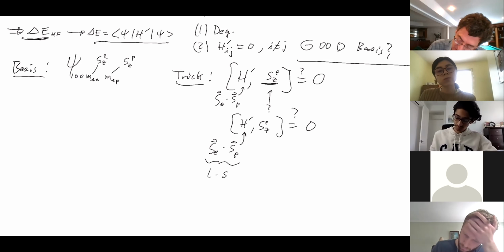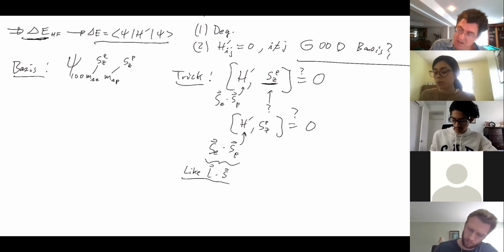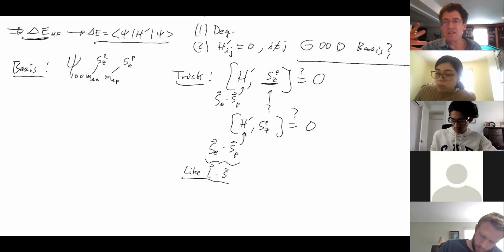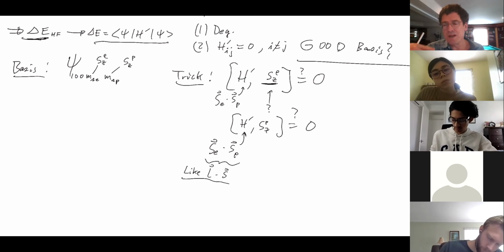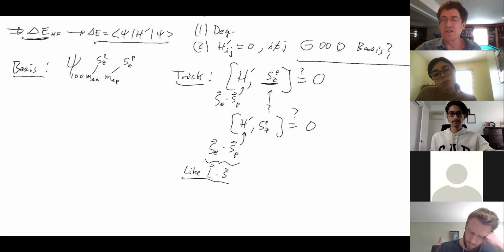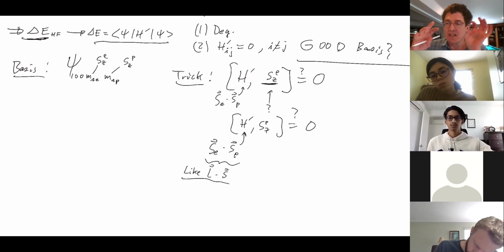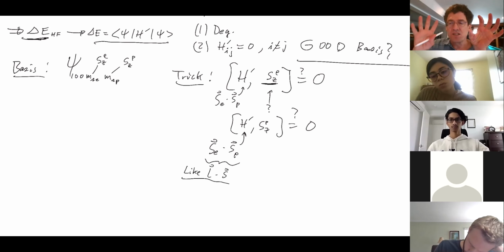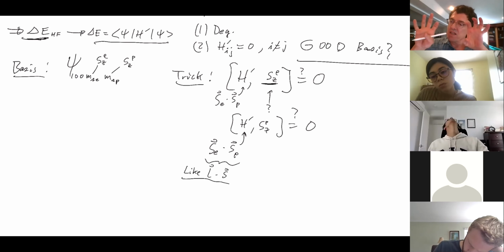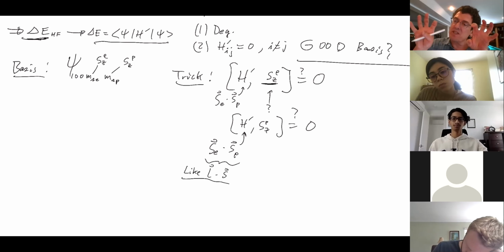It's like L dot S. From a mathematical perspective, it is identical in some mathematical sense to L dot S, because L is an operator that represents angular momentum, and S is an operator that represents angular momentum. So L dot S is the dot product of two operators that represent angular momentum.